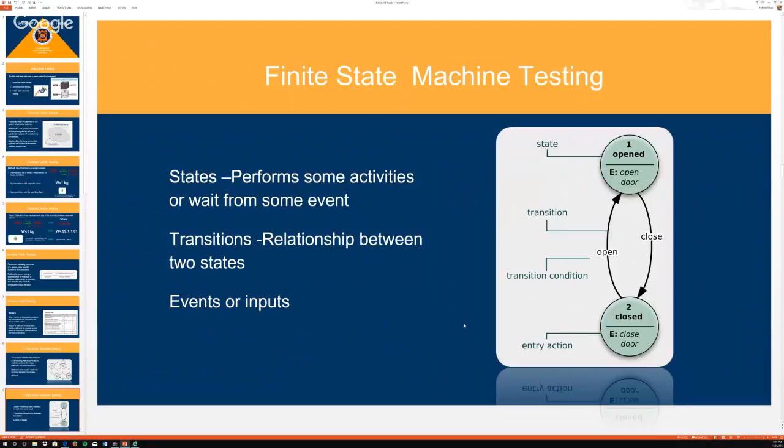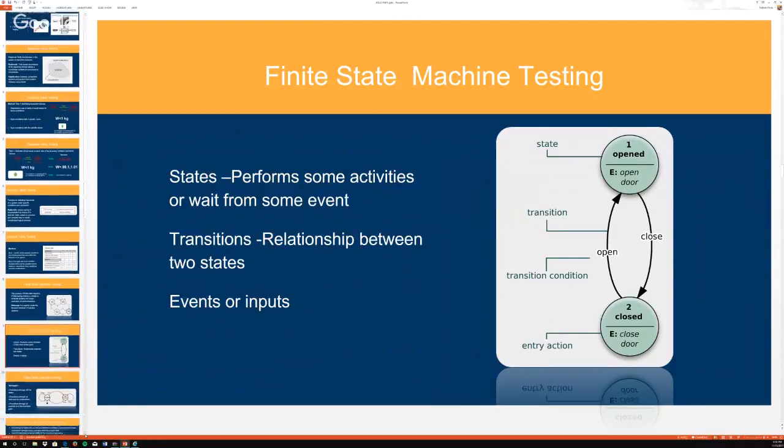So one event could be if someone pulls the door and that person meets the condition, then we will have the transition. If the door was closed, then it will be open. So this is the way we can model the behavior of our system.